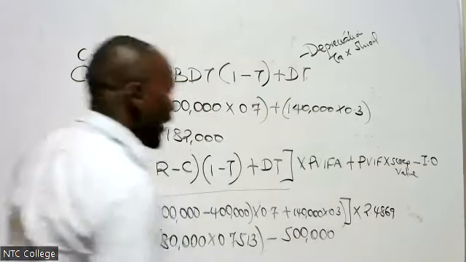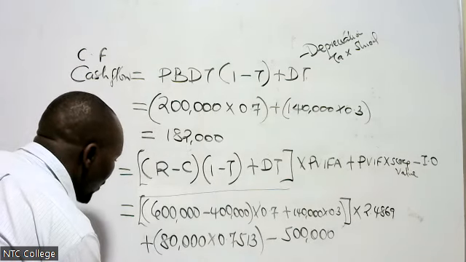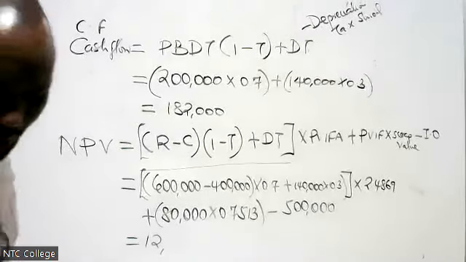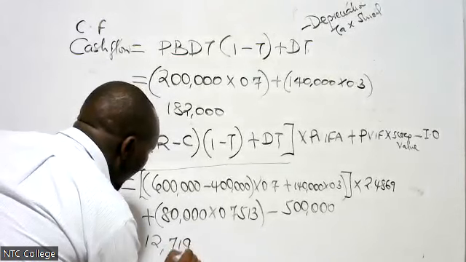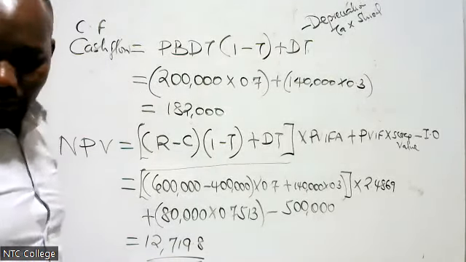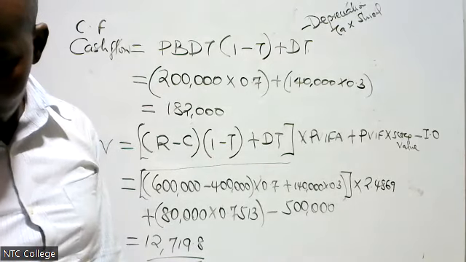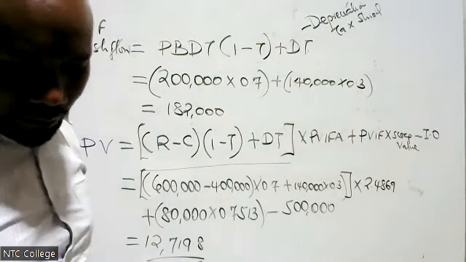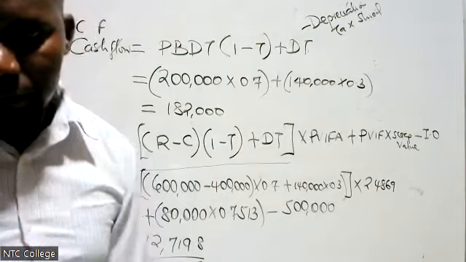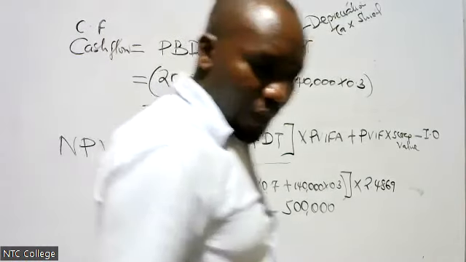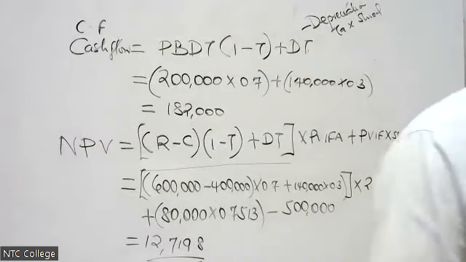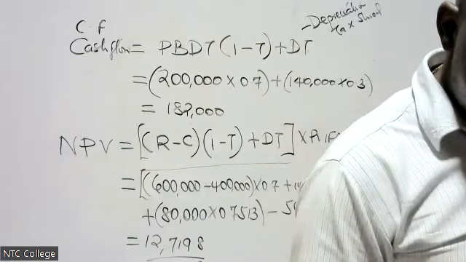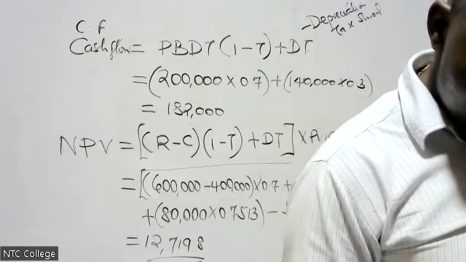Those who can do calculation kindly confirm if our answer is the same as 12 that we got. The answers should be the same as 12,719.8. Is this the same as what we got in year 1, in method 1? Prove. If it is wrong, you tell me. If it is not the same, you tell me.